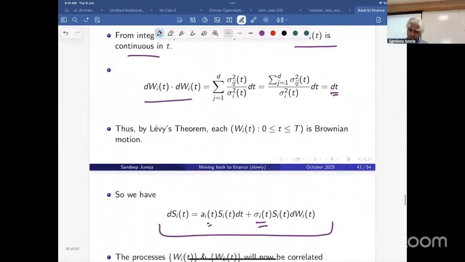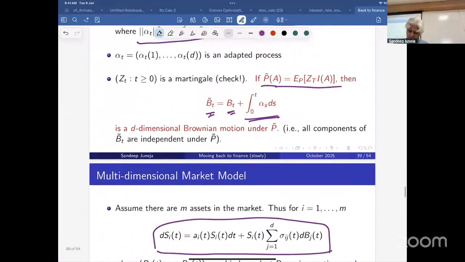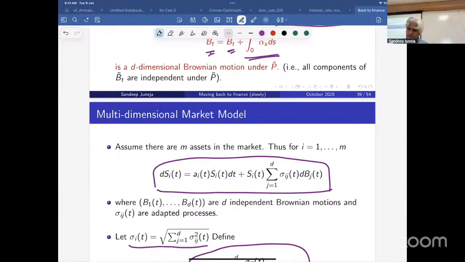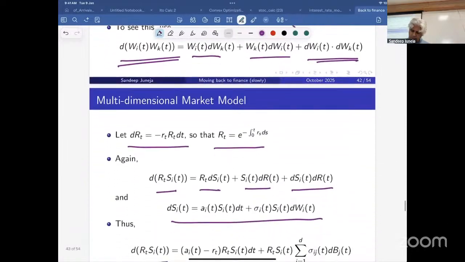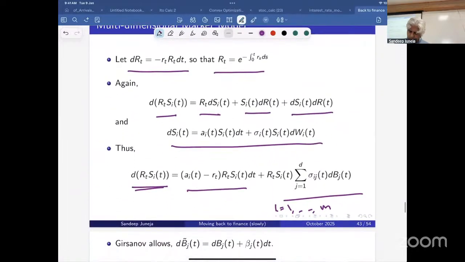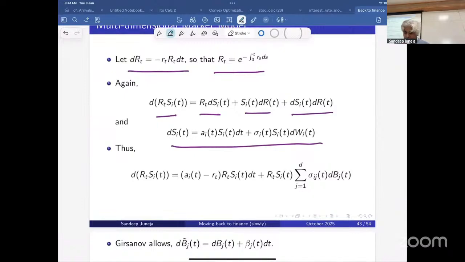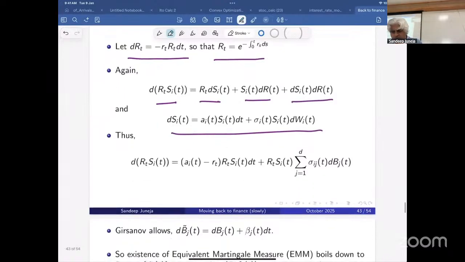Okay, remember we started from this model right here. All right. So we have this representation and we are asking ourselves, is there a change of measure under which this will be a martingale? And the way to get the change of measure is through Girsanov's theorem.